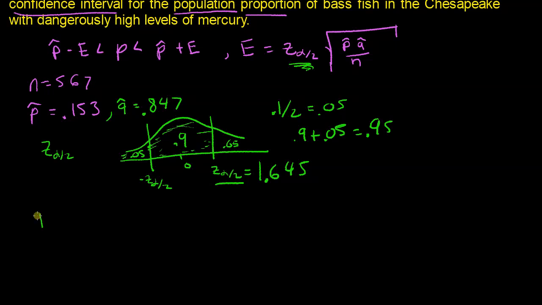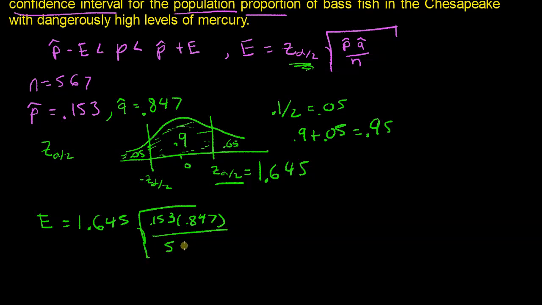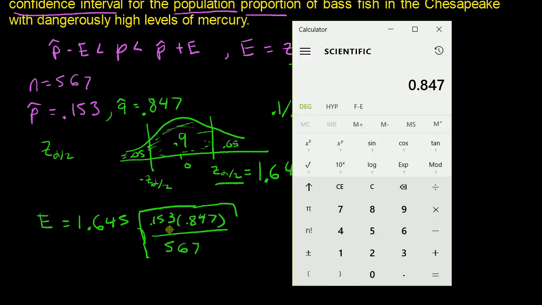So let's go ahead and calculate E, the margin of error. Okay. So z, which is 1.645, times the square root of p hat 0.153, q hat 0.847, divided by n, which is 567. Okay, so when we're calculating this, first calculate what's inside the square root. So 0.153 times 0.847, okay?